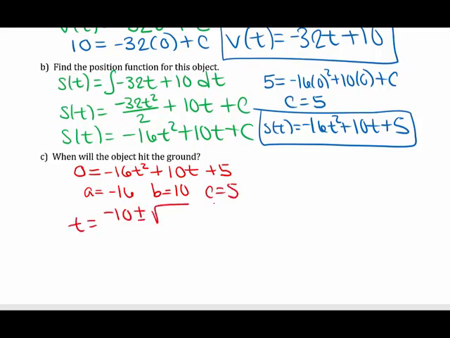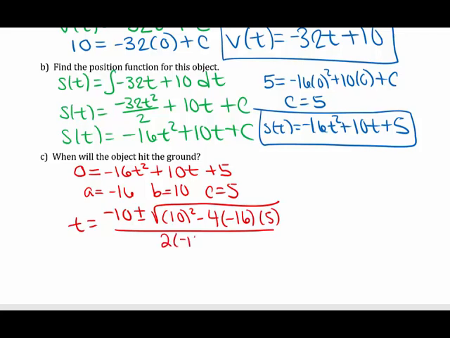So t would be negative b plus or minus the square root of b squared minus 4 times a times c, all over 2 times a. That becomes negative 10 plus or minus the square root of 420 over negative 32.